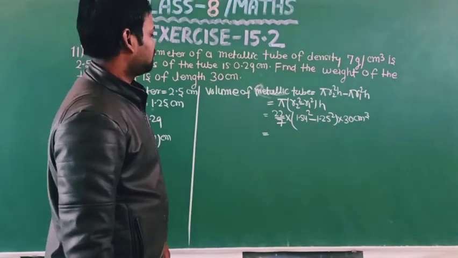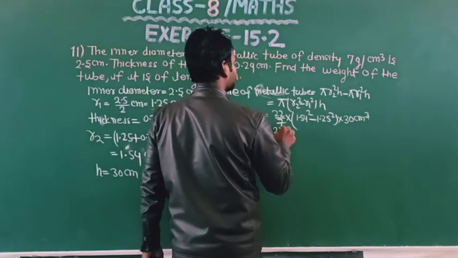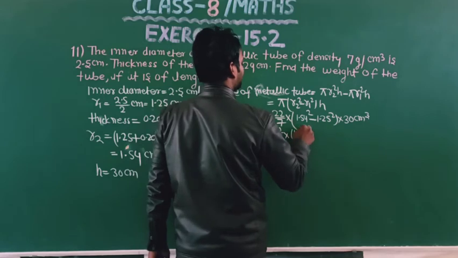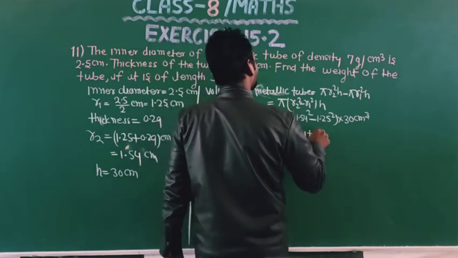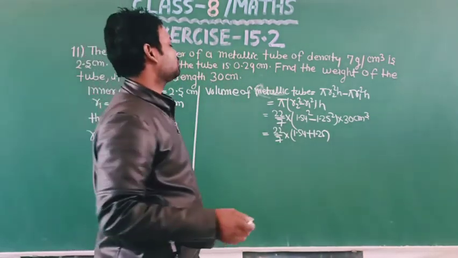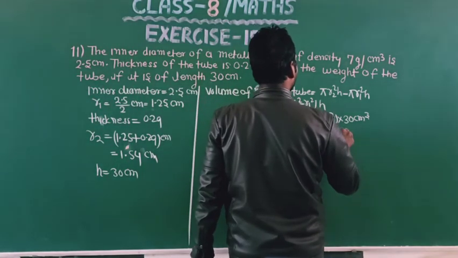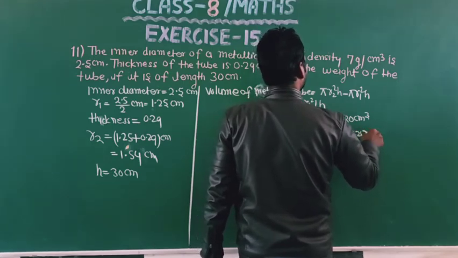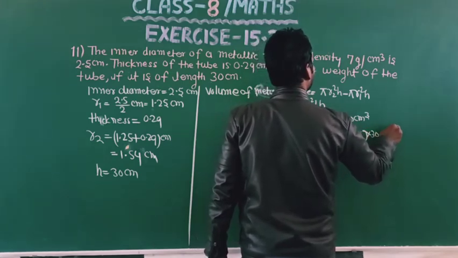Now simplify. So this is 22/7, and this can be written as bracket 1.54 plus 1.25, by using the formula a square minus b square, and bracket 1.54 minus 1.25, into 30 centimeter cube.